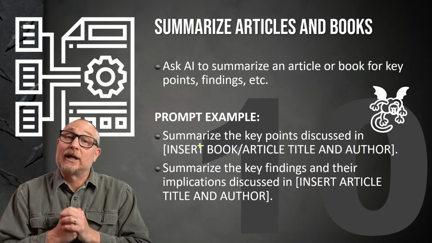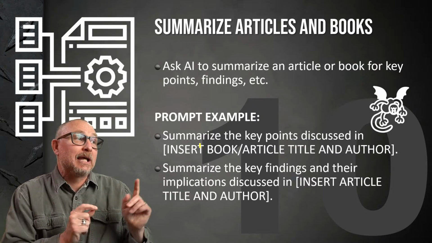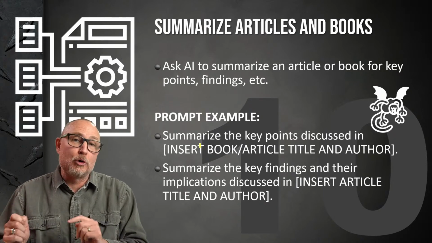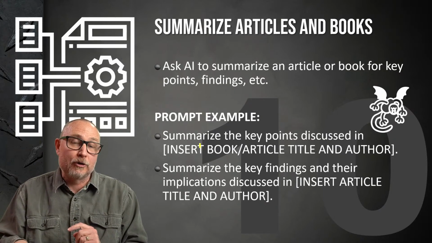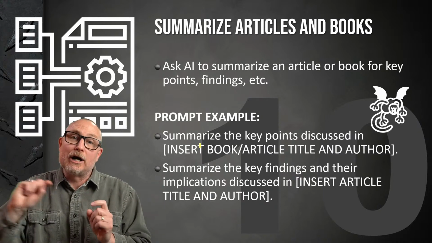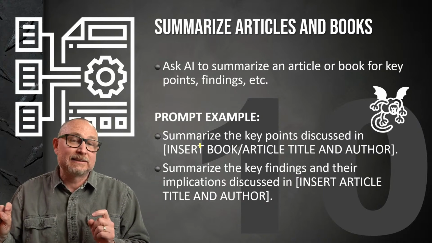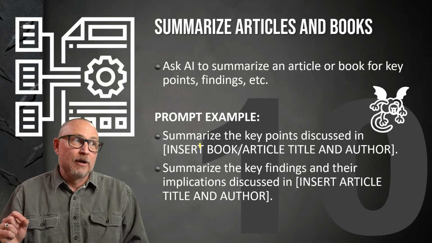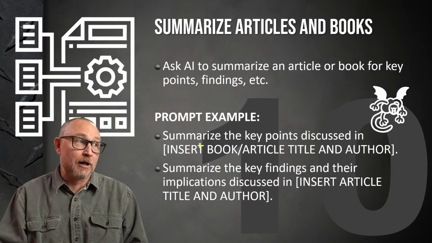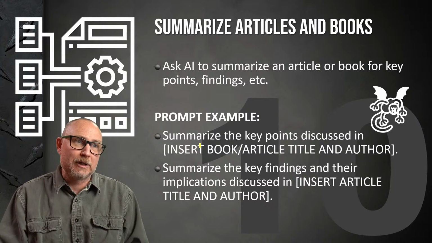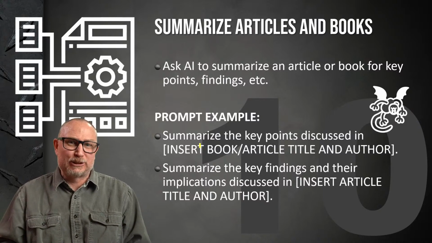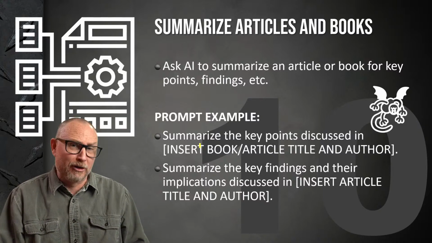And so what I strongly recommend you do is when it gives you the key findings or the key points and so forth, go to the article, word search on the article for some of the words the AI used, and you'll find where those things are discussed, and you can see for yourself what the true findings or true key points really are. But this can help you kind of figure out how to tackle a 26-page journal article.